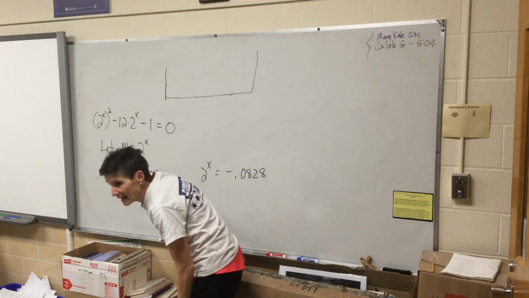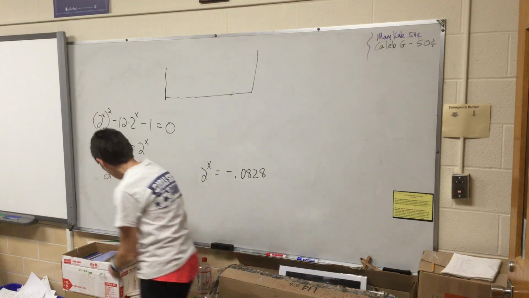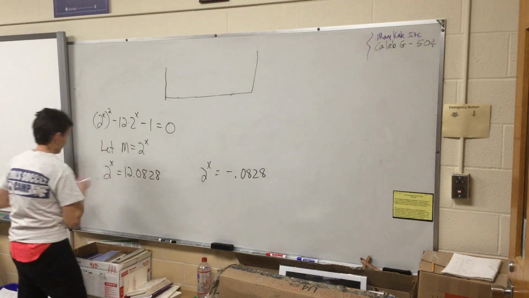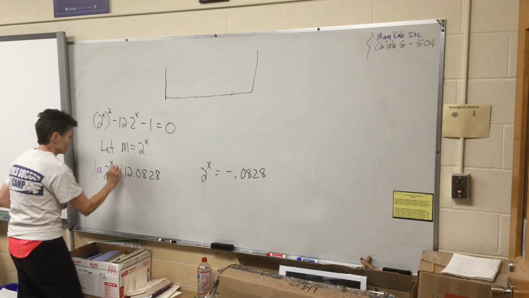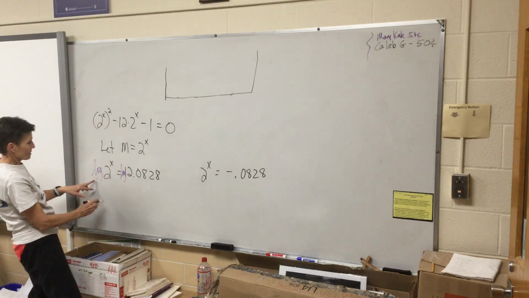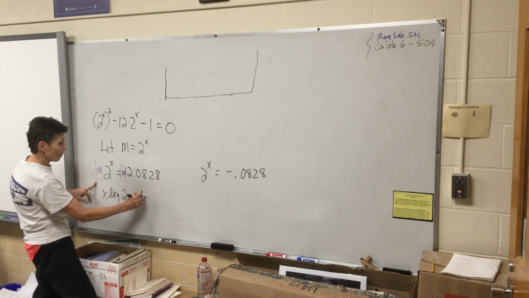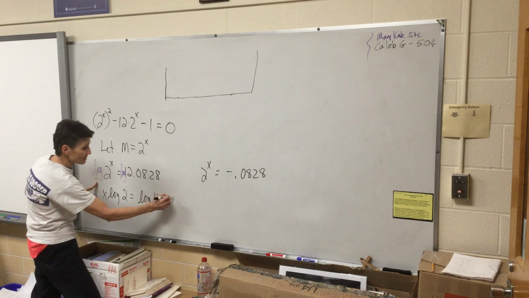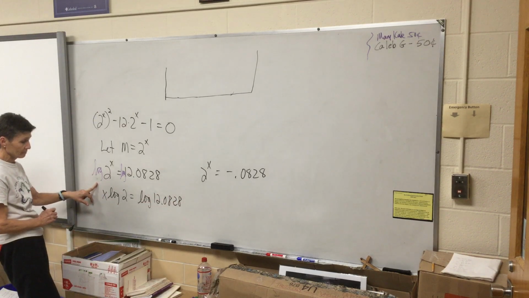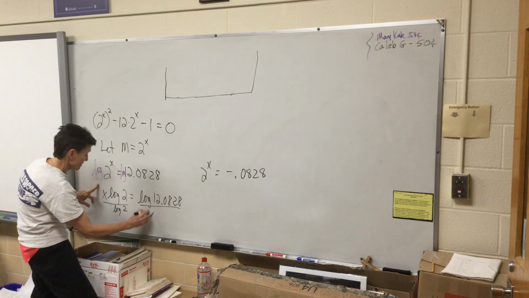How do I solve that equation, guys? You have to use log. I'm going to take the logarithm of both sides. This is the problem that never ends. So we have x log 2 equals log 12.0828. And then we'll divide. Everybody remember this from yesterday?